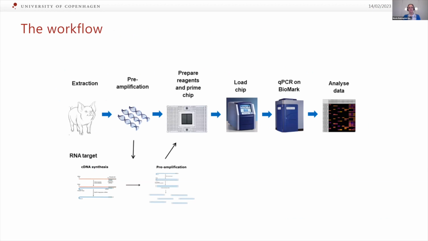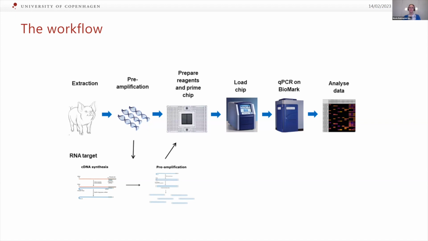Here you see the overall workflow for this high-throughput procedure. First you have to extract the RNA and DNA from the samples, and then you have to pre-amplify the samples. The reason why you have to do this pre-amplification is because the sample volume used on the chip is very small. So you pre-amplify your samples in order to obtain more copies of your target.